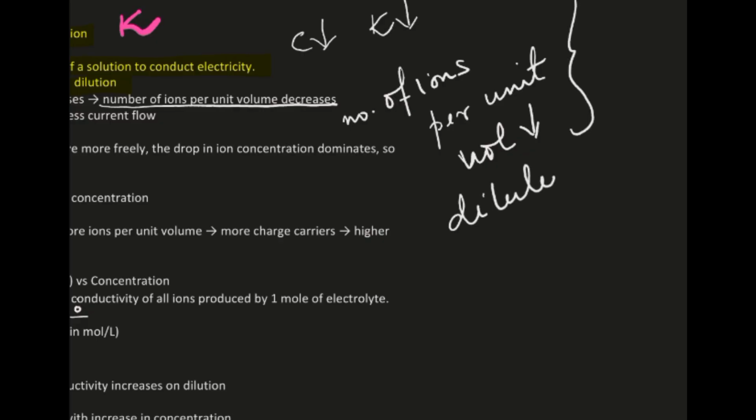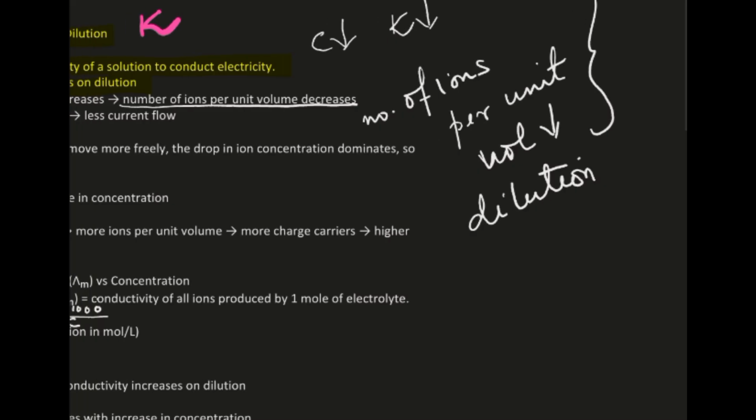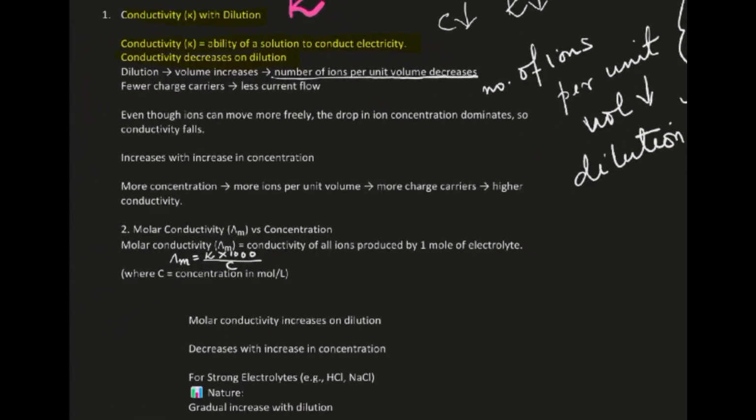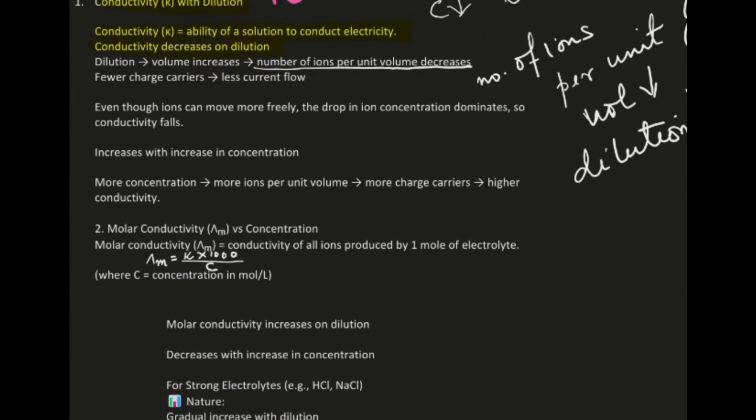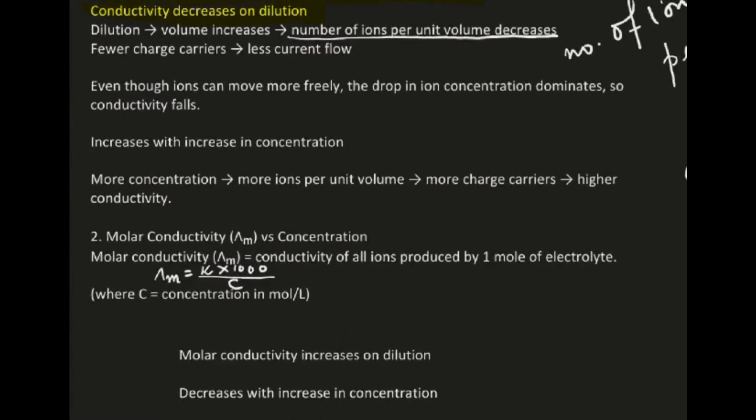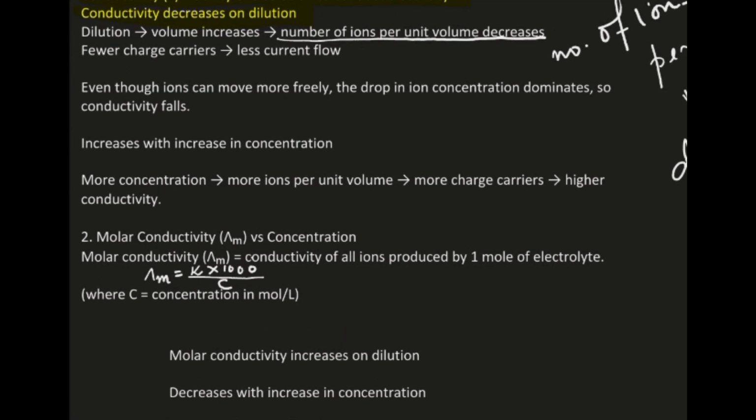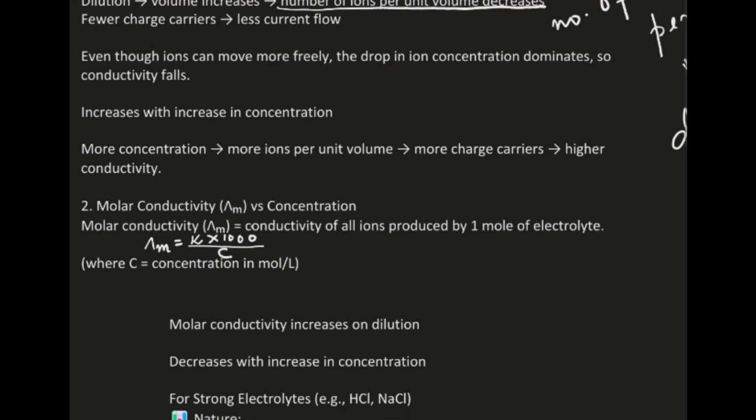When you add more and more water, the number of ions per unit volume decreases, and these ions are responsible for conducting electricity. So the charge carriers decrease and the current flow also decreases, right?